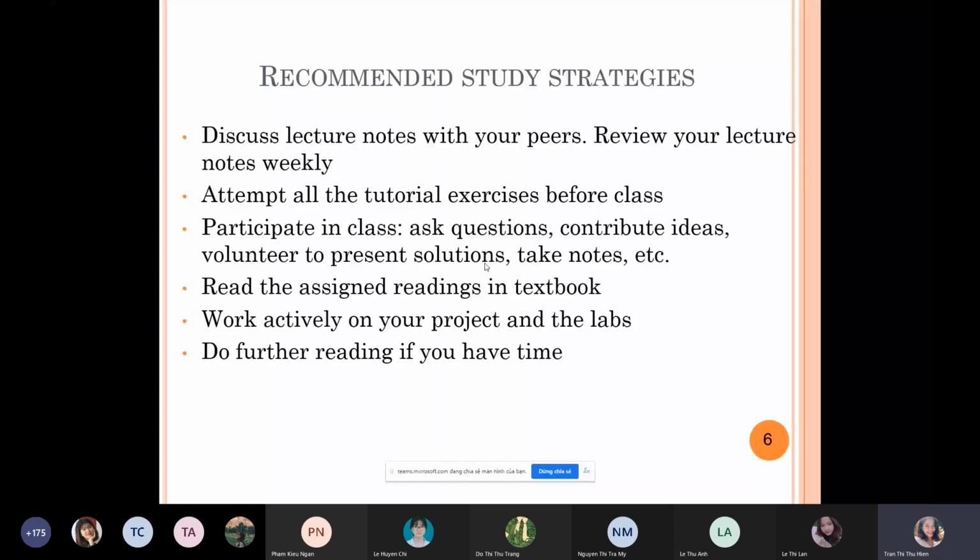Participate in class, ask questions, contribute ideas, volunteer to present solutions, and take notes. Read the assigned reading in the textbook and work actively on your projects and the lab. Do further reading if you have time. But I think 30 minutes to 1 hour is enough for you to practice on the problems every week. Yeah, at least 30 minutes and a maximum of 1 hour per week is enough.